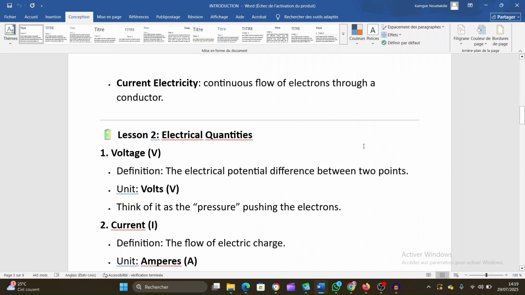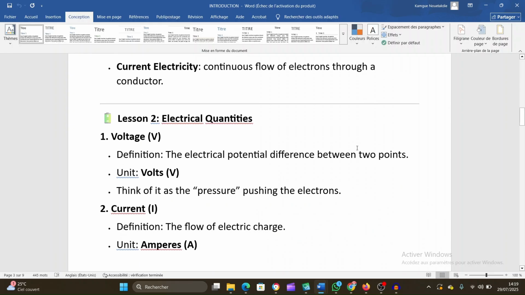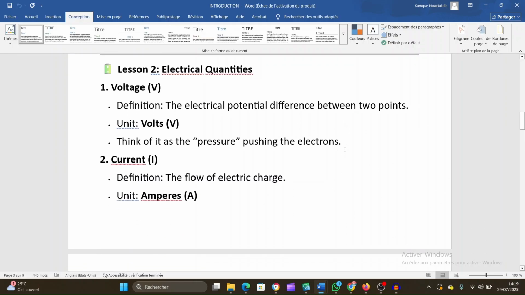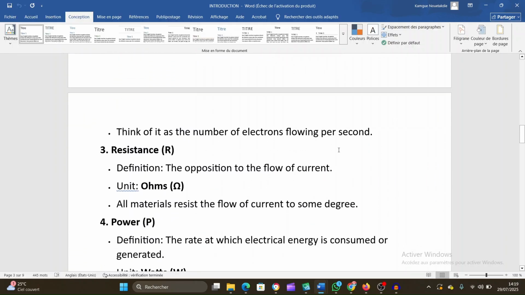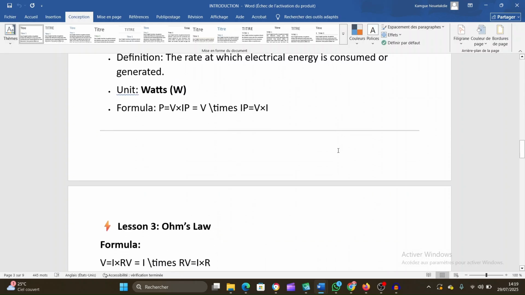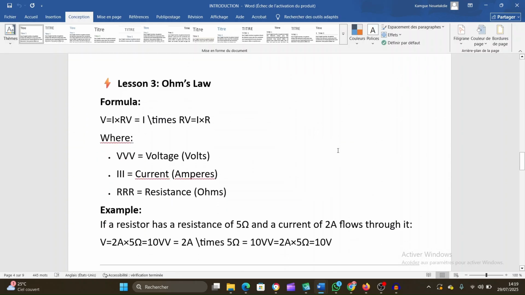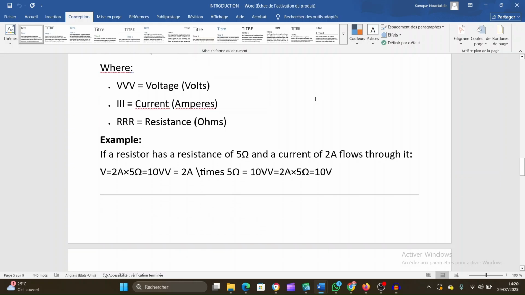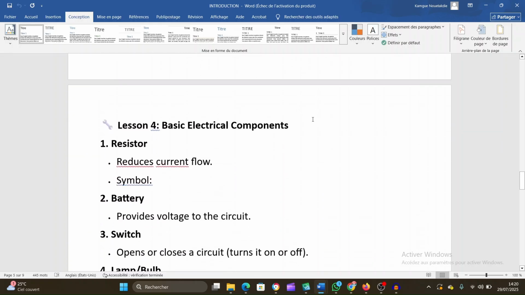The components we mentioned today were the resistor, the battery, a switch, a lamp or a bulb, and a wire. We equally discussed something very important that it would be good for you to know. We talked about two types of circuit: a series circuit and a parallel circuit.